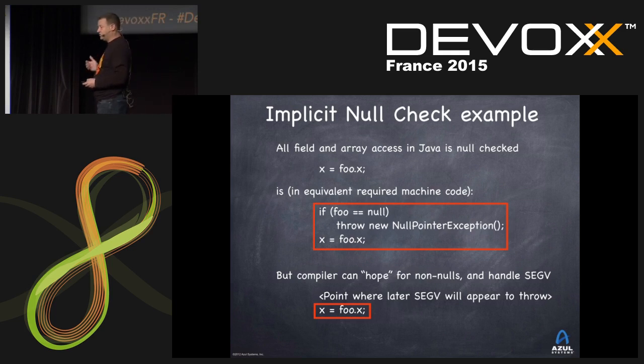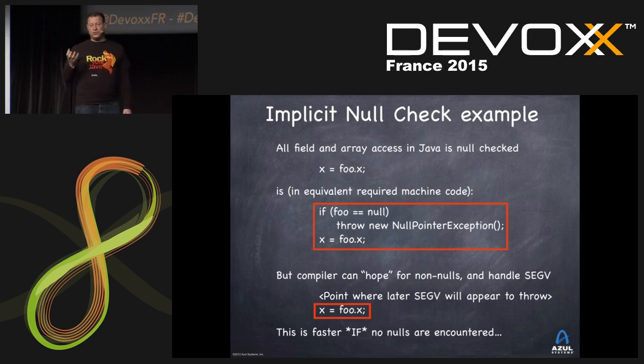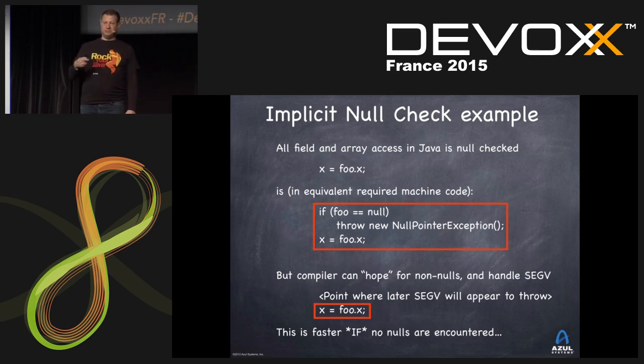Now this works very well and it's very fast if there are no nulls, or if they're very, very rare. Unfortunately, there are some places where it's common to encounter nulls, maybe half the time. And while this is much faster than checking, when you do take that segv, it's extremely slow.